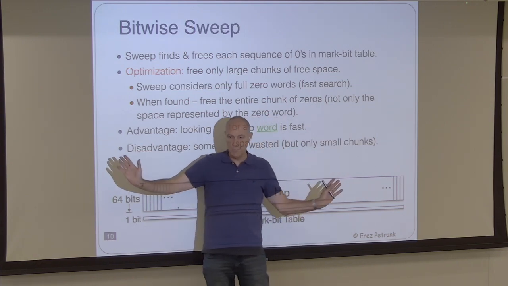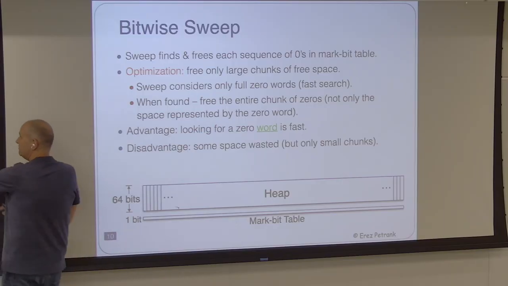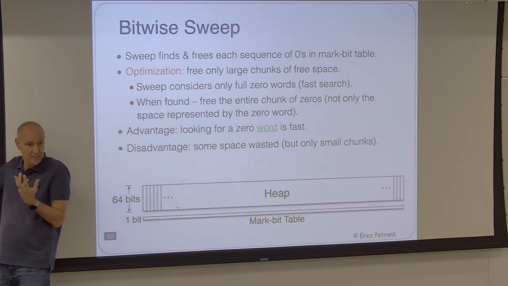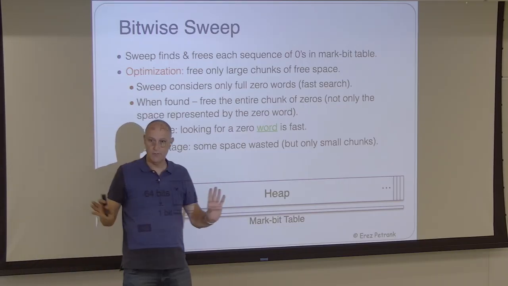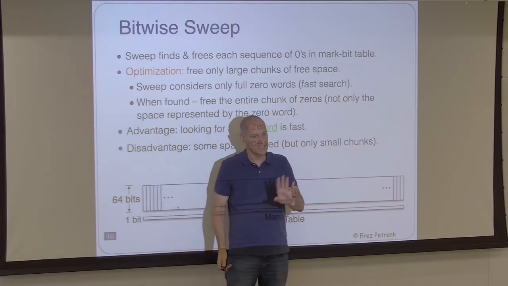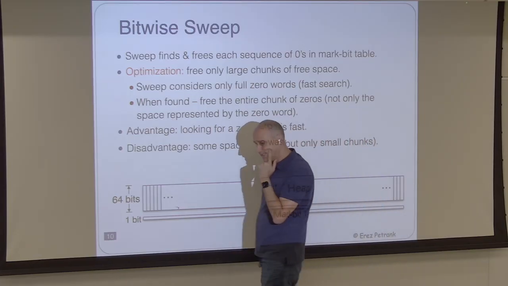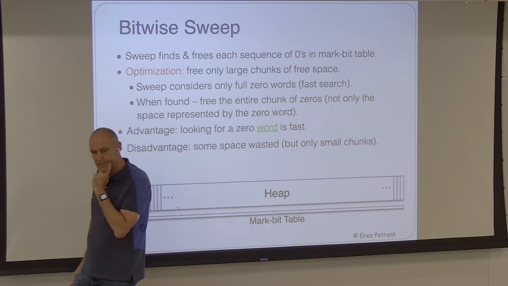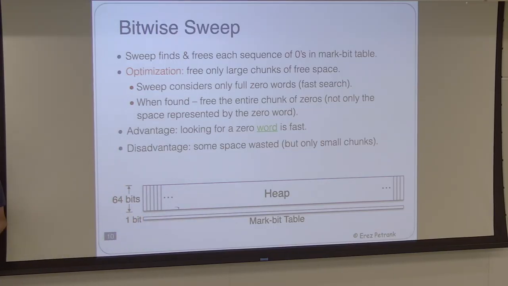Only if there is a complete word of 0 that I can really check in a very simple way, like I usually work without looking at specific bits, then I reclaim the space. Okay, so I give up some small holes. Like in the company where they worked on this, they call it black holes. They just did not reclaim them.